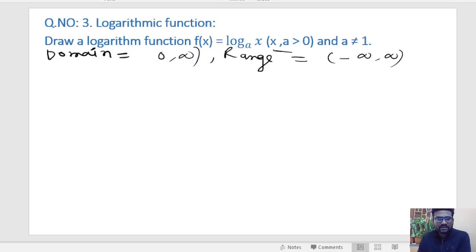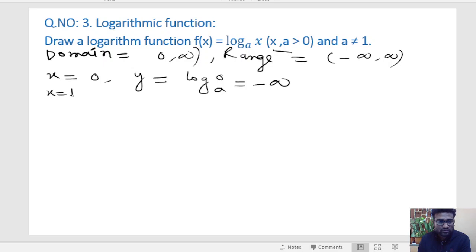At first we take some values of x and put them in the given function. Let us take x equals 0, so the function y equals log of 0 to base a, and this is minus infinity. Putting x equals 1, y equals log 1 equals 0.